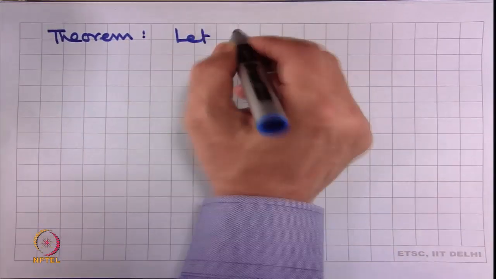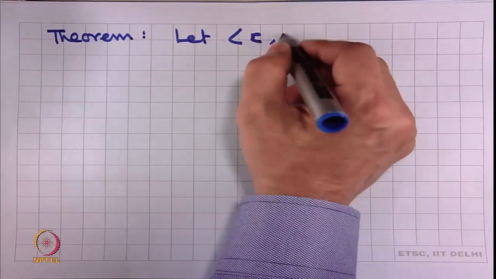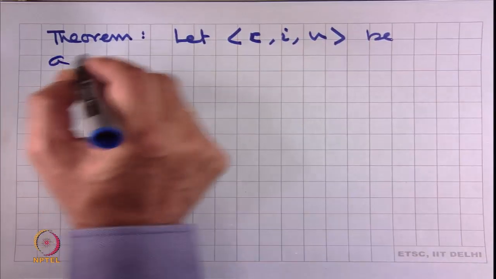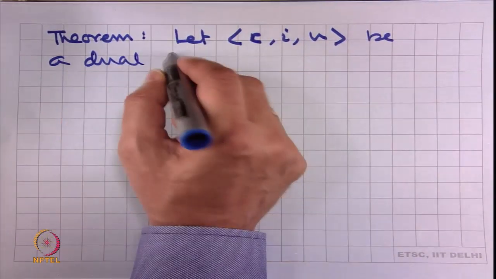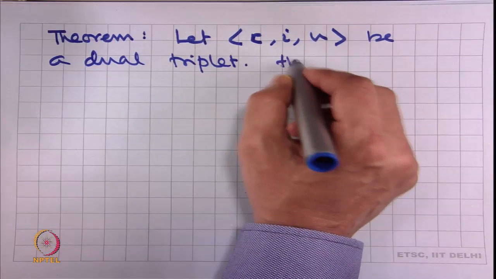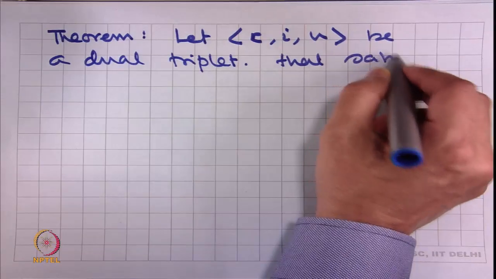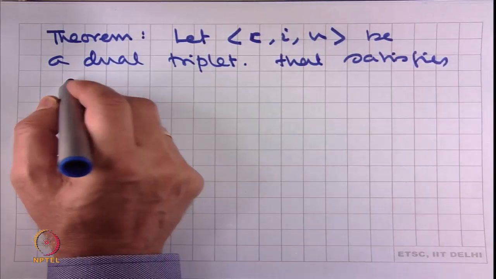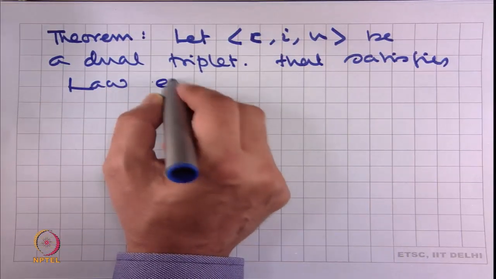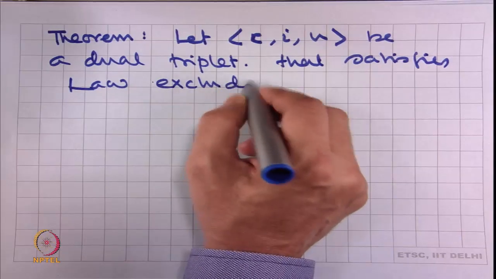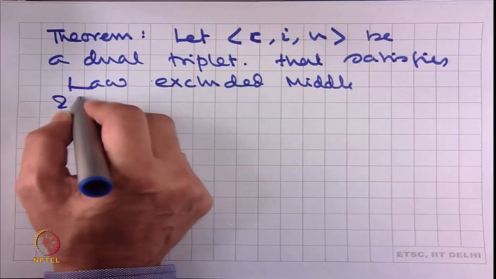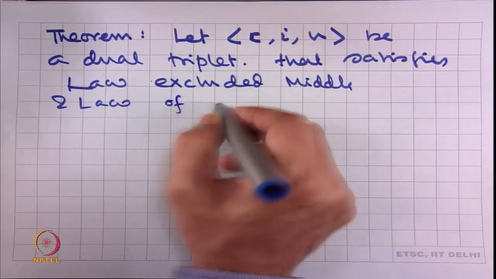Let C, I, U be a dual triplet that satisfies the law of excluded middle and the law of contradiction.